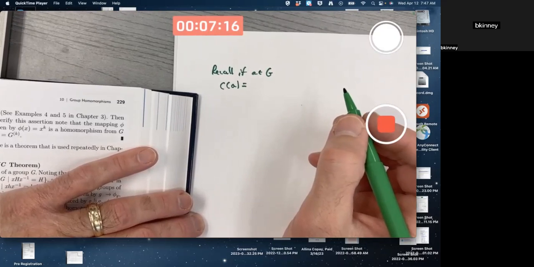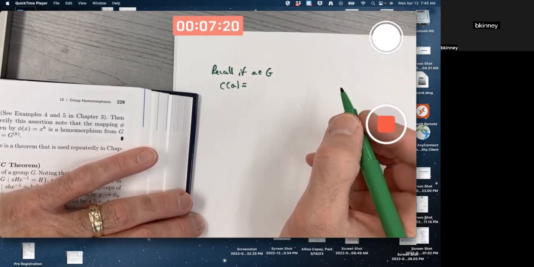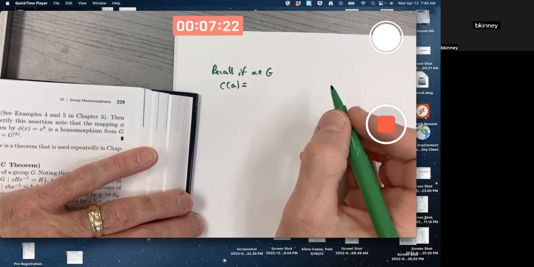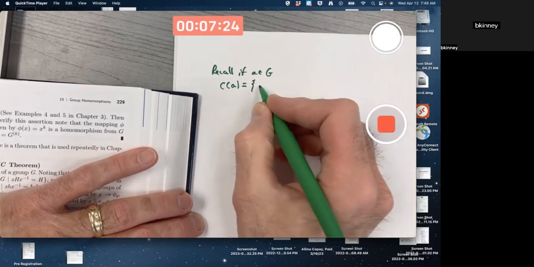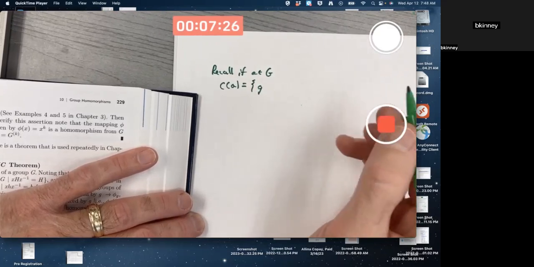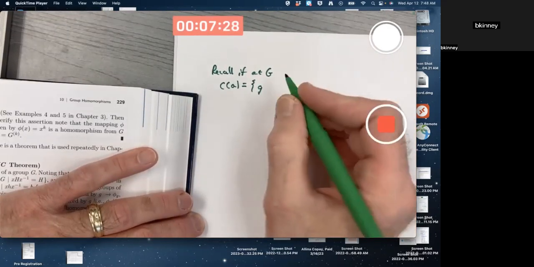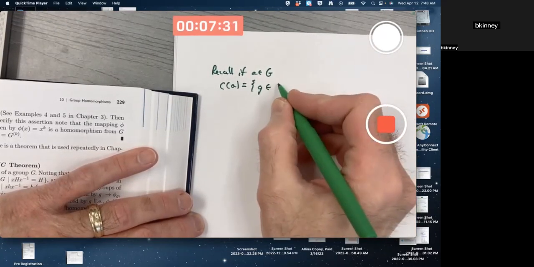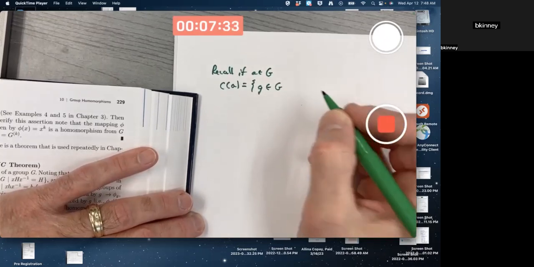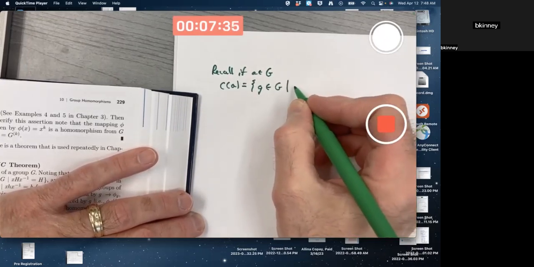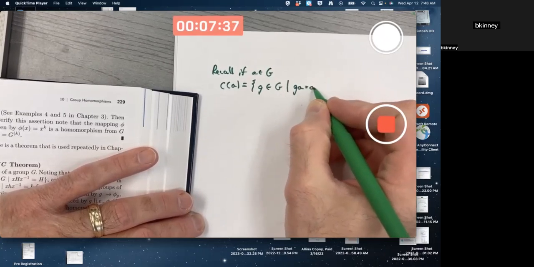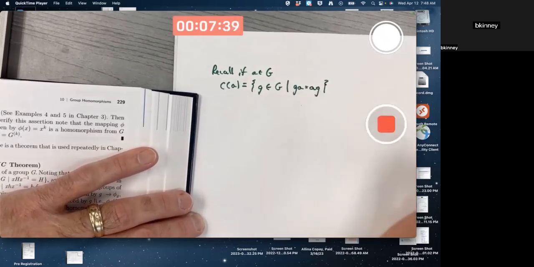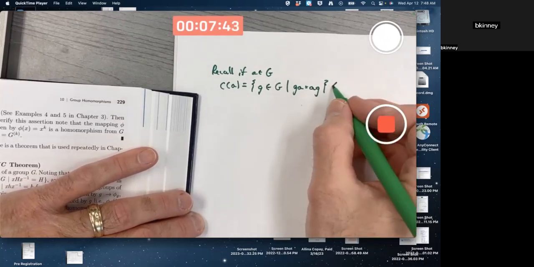The center of G is the set of everything in G that commutes with everything else in G. The centralizer of an element is the set of everything in G that commutes with that one element. All the little g's in capital G such that gA equals Ag. I have mentioned that before. That's a subgroup of G.